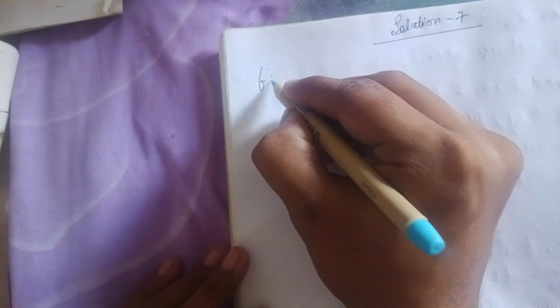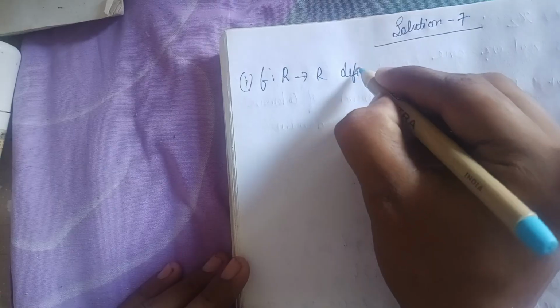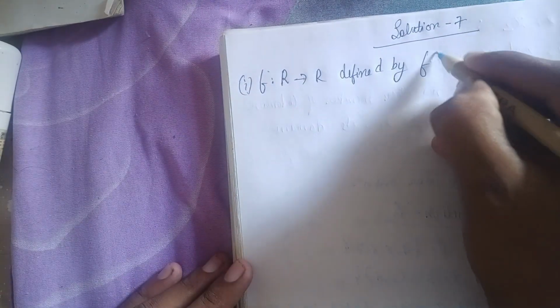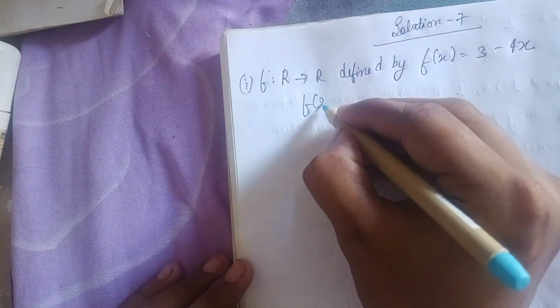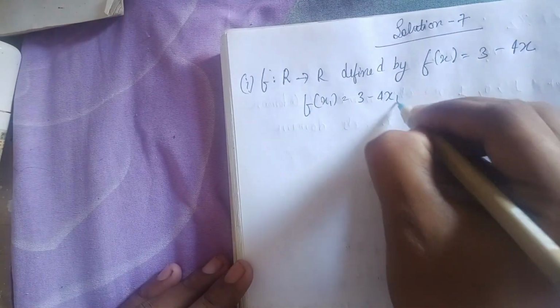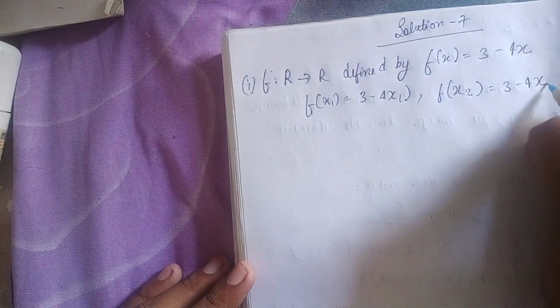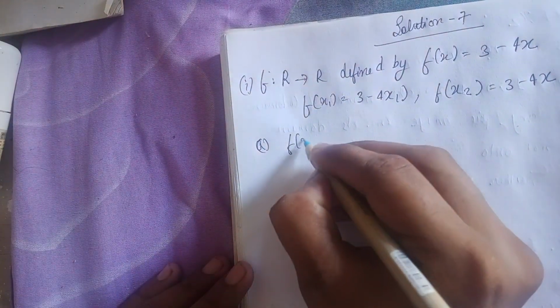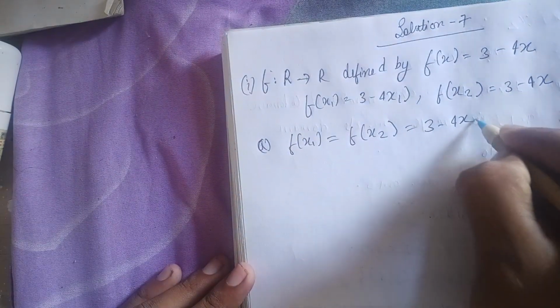Now the first one is f: R to R defined by f(x) = 3 - 4x. f(x1) = 3 - 4x1. f(x2) = 3 - 4x2. f(x1) = f(x2) gives 3 - 4x1 = 3 - 4x2.